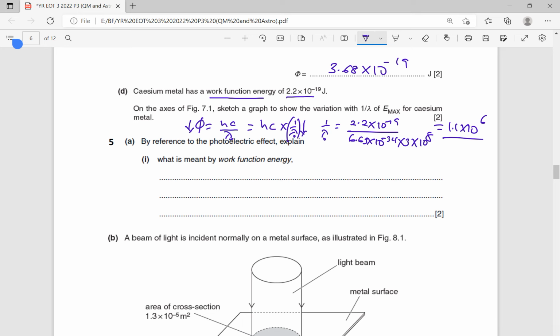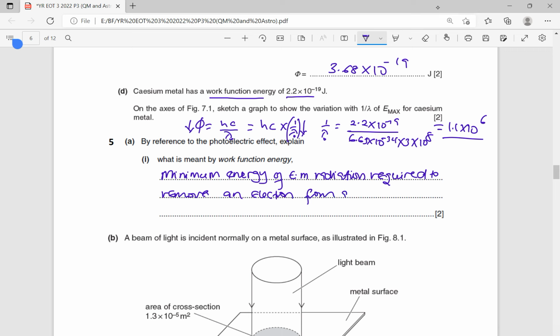So work function energy is actually the minimum photon energy, or the minimum energy of electromagnetic radiation required to remove an electron from a metal surface.